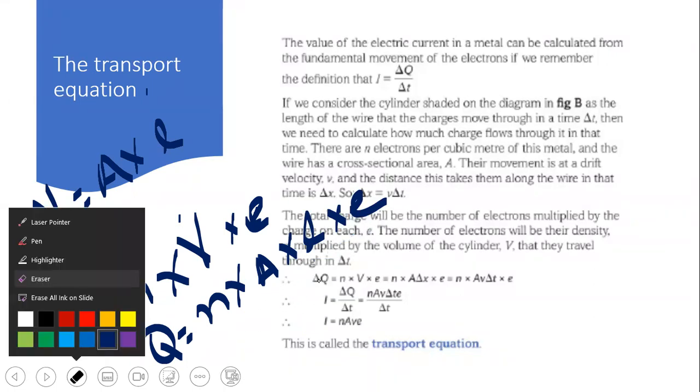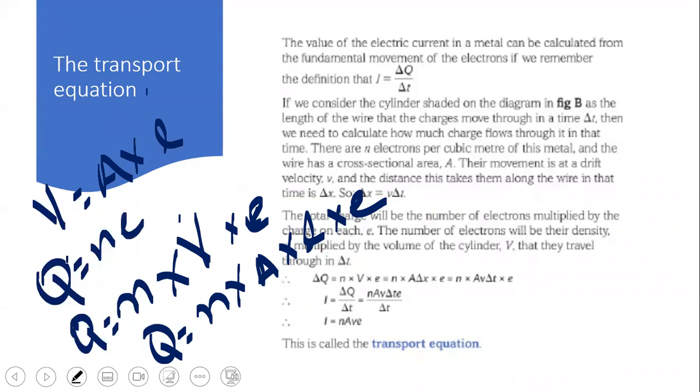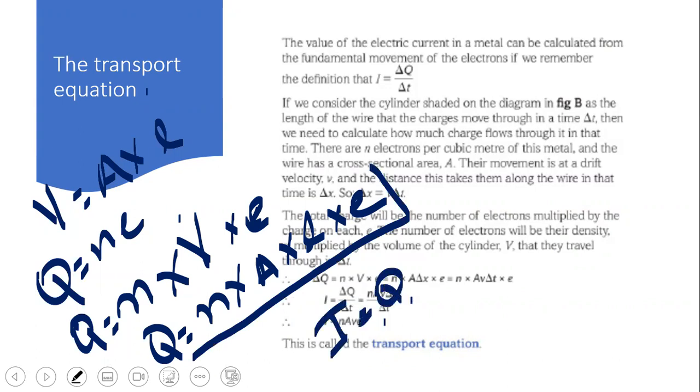So that means I can substitute, instead of writing down volume, I can write down area multiplied by length. So my total charge is Q equals nALe. Now, we know current is equal to charge divided by time, so nALe divided by time.